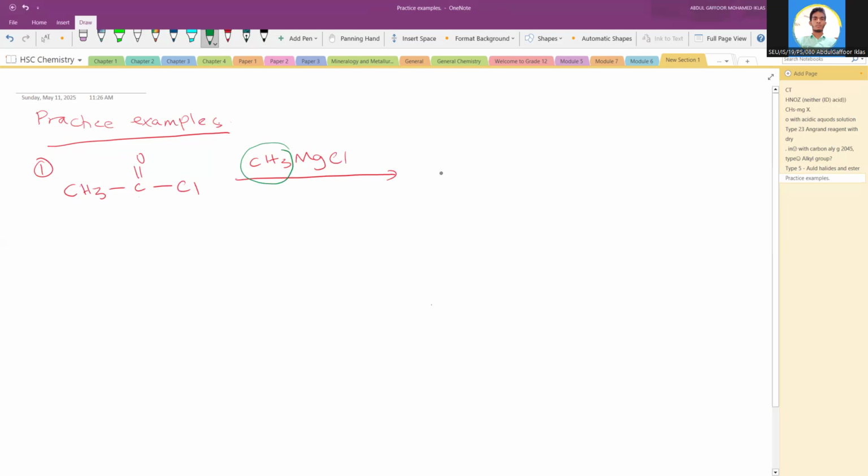So you can start like this, CH3, C, O, MgX, right? And here this CH3 and this CH3. These two CH3 are from this Grignard reagent. Now you can write the second one, right? The second one, benzene, C double bond O, Cl.